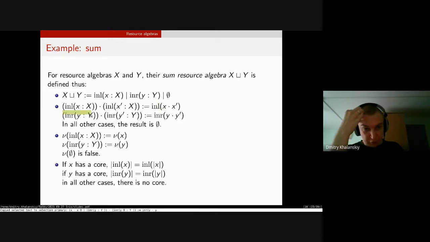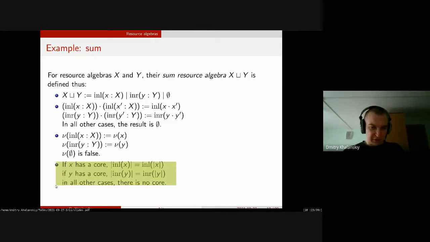Two values on the right hand can be combined into a value on the right hand. If you attempt to combine a left hand value with a right hand value, or combine something with an invalid value, then the result is an invalid value.